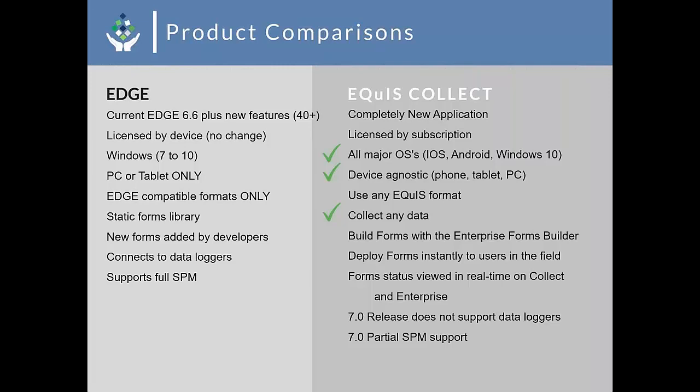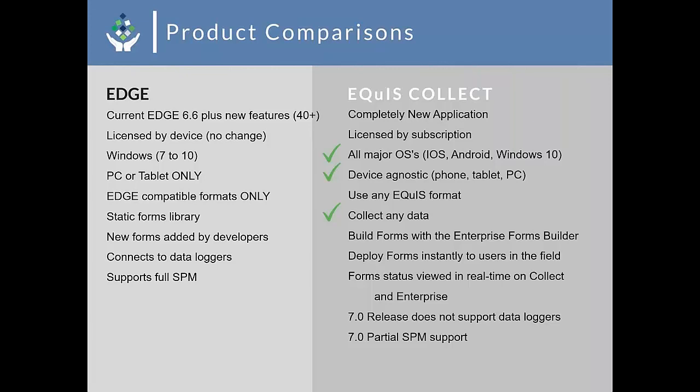Okay, and that "yet" is key because they are going to add that in the future. Also, there's not going to be any support for data loggers, like we were talking about earlier. Not going to be any support for that in 7.0 Collect. They are going to add it in the future. So just things to be aware of if you are using those things with Edge now; for those particular projects, you probably want to stick with Edge for a while.